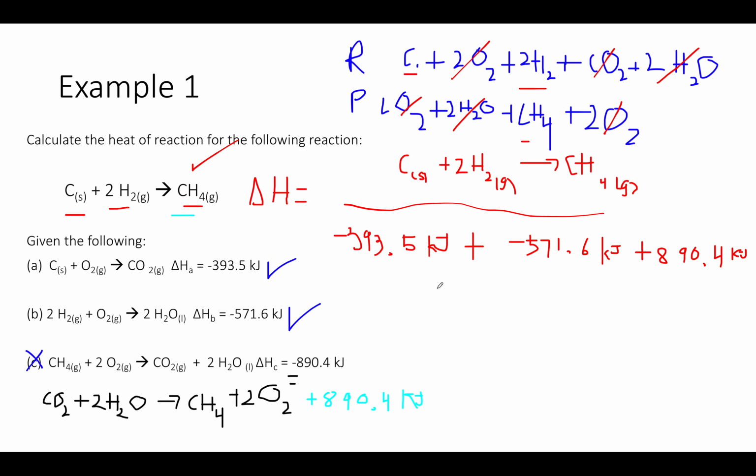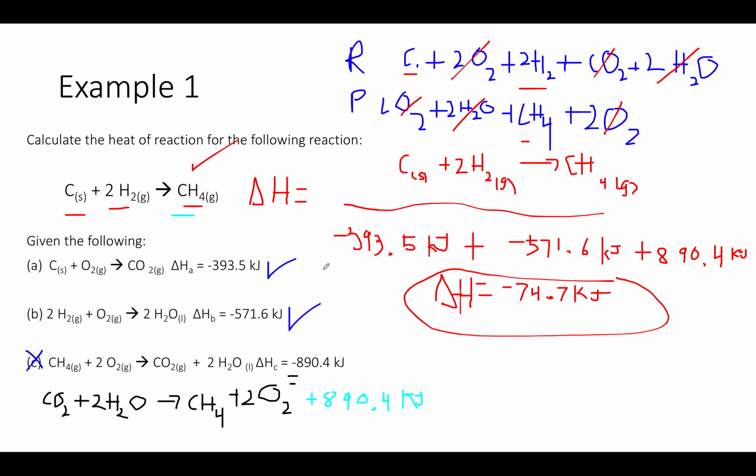So we get our final delta H of our reaction to be negative 74.7 kilojoules. And that is our final answer. So that is the delta H for that reaction.